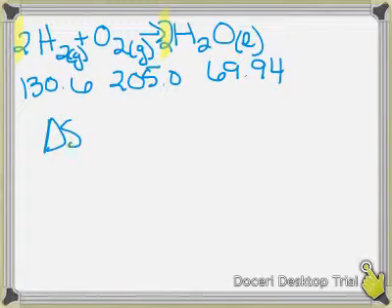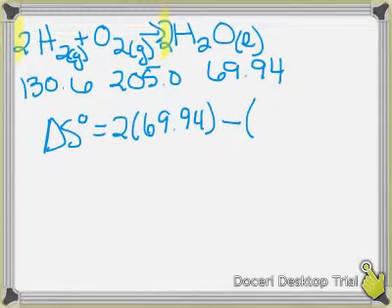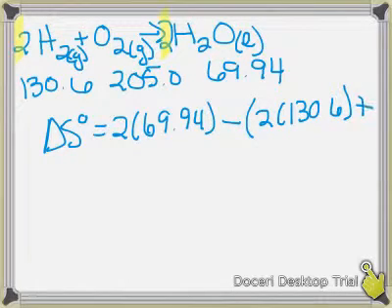So we have to take the entropy of our products minus our reactants, correct? So we're going to take 2 times 69.94. We're going to subtract that by our reactants, which is 2 times 130.6 plus 205.